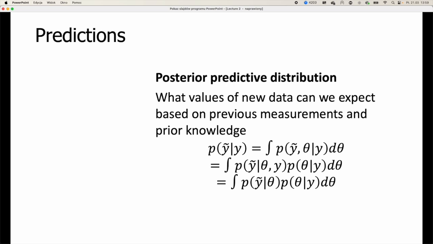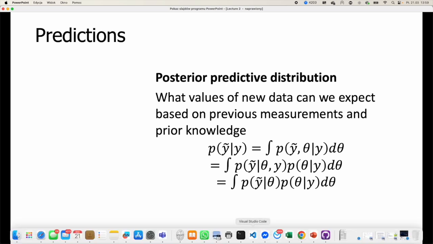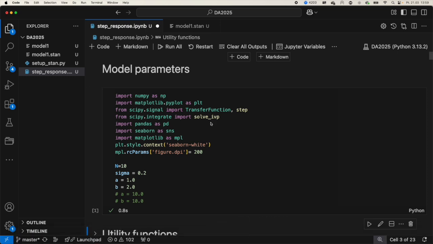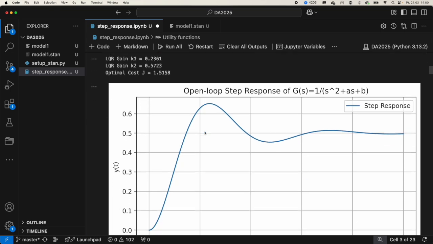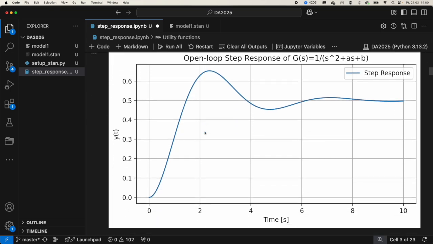I wanted to do this example at the end of the lecture, but I think we should do it now because it explains more. The idea is from automatic control. A very classical problem. We have a system with a step response.